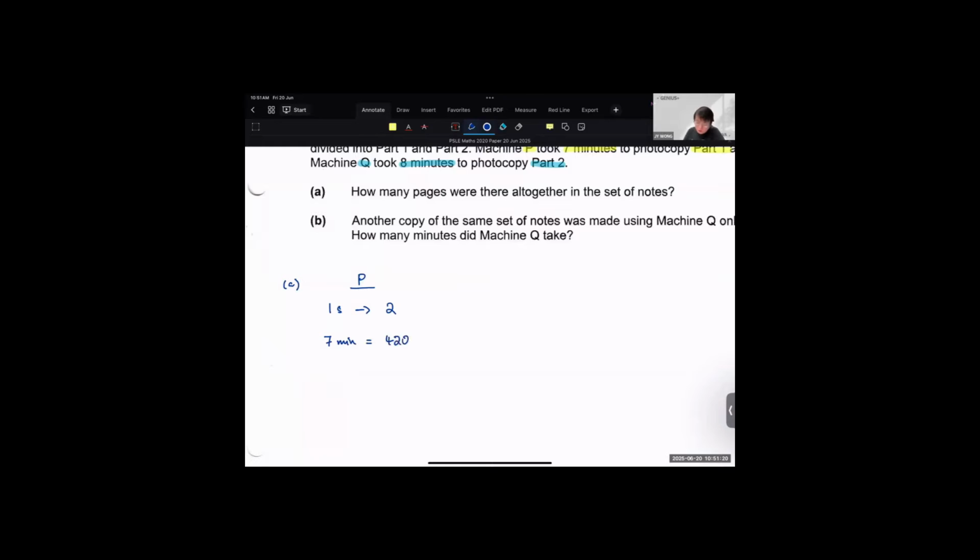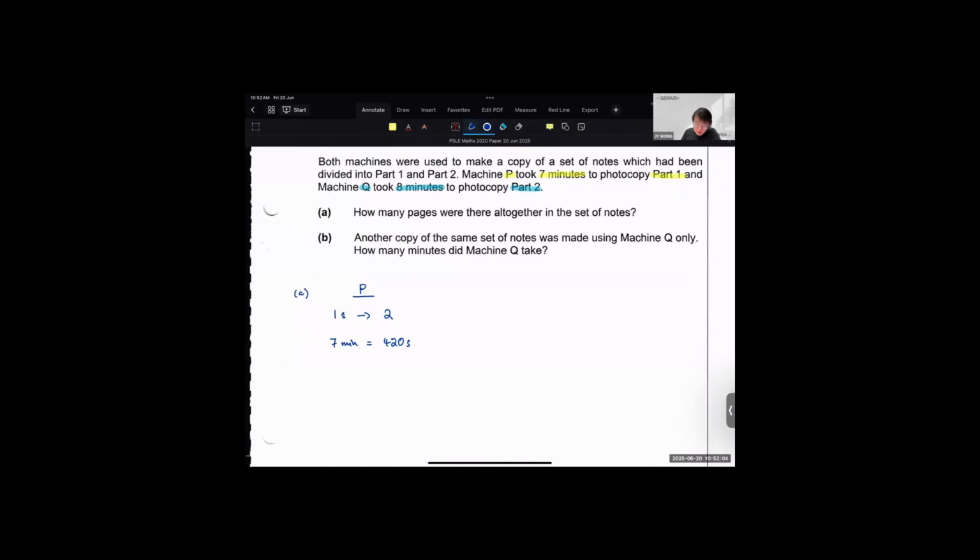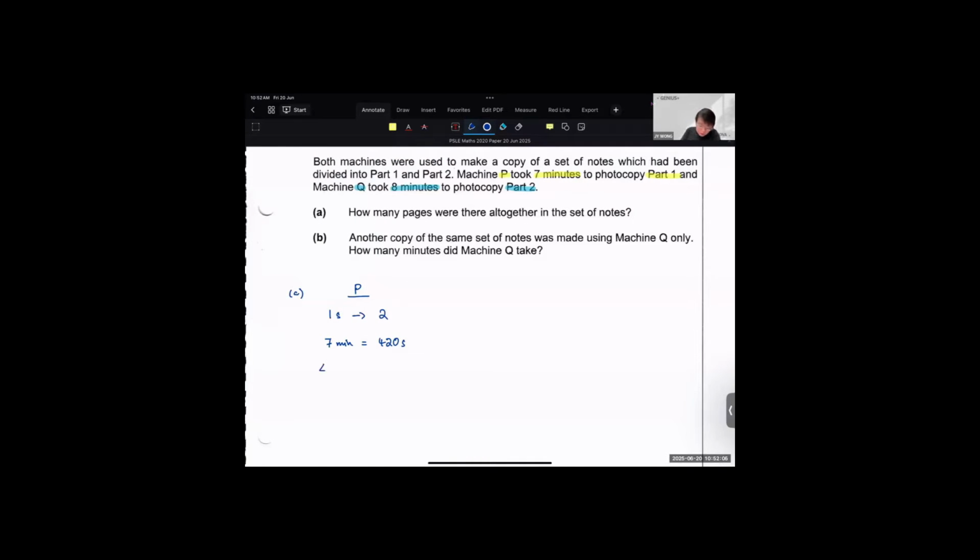It is 420 seconds, you times 60. 1 minute is 60 seconds. So 7 minutes is 420 seconds. So in 420 seconds, you just take 2 times 420 to give you 840 pages, right? So that's your machine P settled.